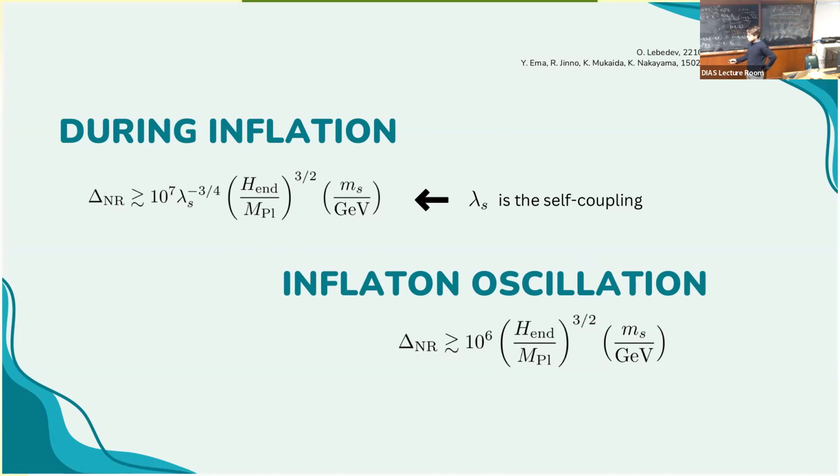You also get some production of this scalar particle during inflation, which was studied in some other papers, and you can recast that production also in terms of this delta NR. And these are independent productions.